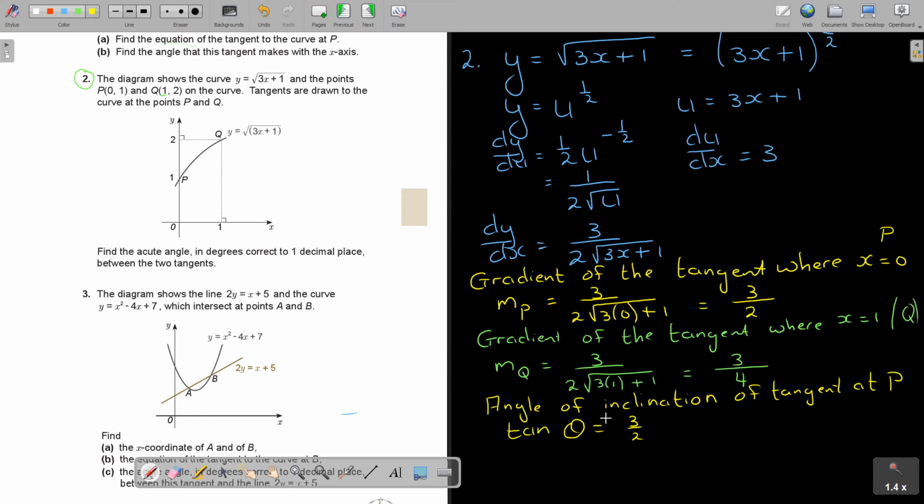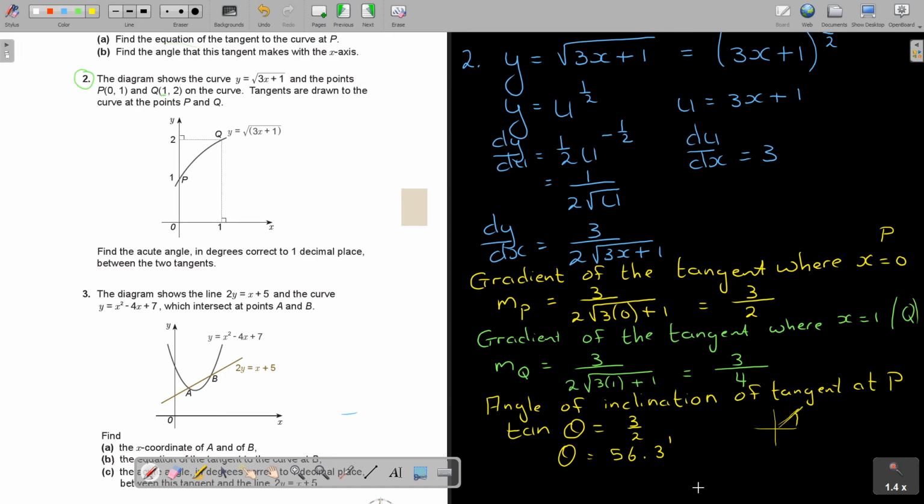Okay, now just remember this is going to be positive. So in this case, it's just going to be there. So I can just say shift tan bracket 3 divide 2. And that is just going to be 56. So remember, theta is now not in the second quadrant, it's in the first one. So 56.31.